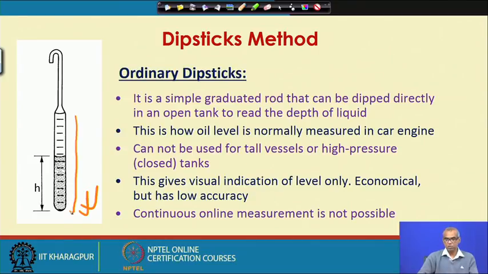It is not possible to have continuous online measurement using such a simple method. But where only a rough indication of the liquid level is necessary, this will give you an approximate indication of the liquid level in the tank or the container.